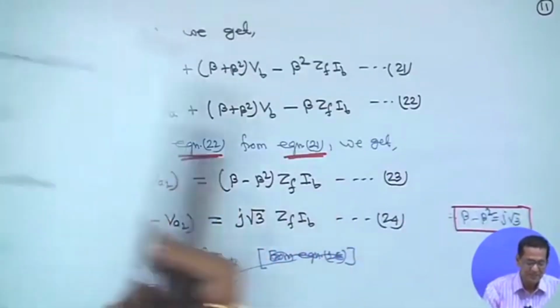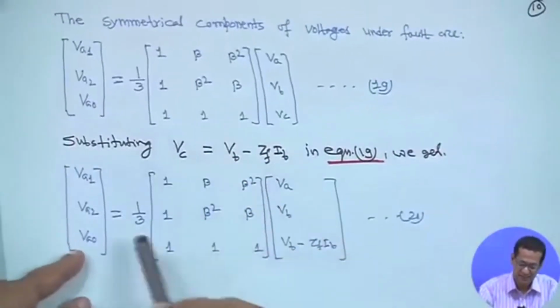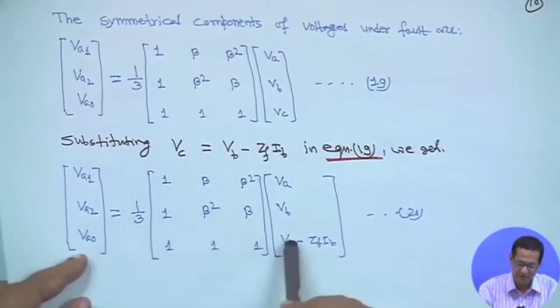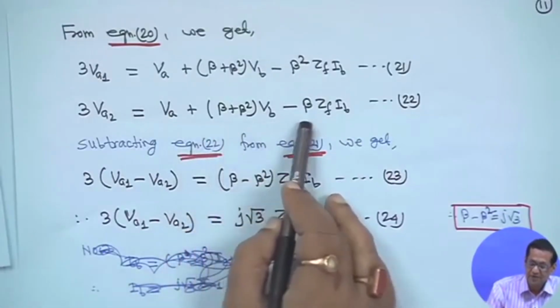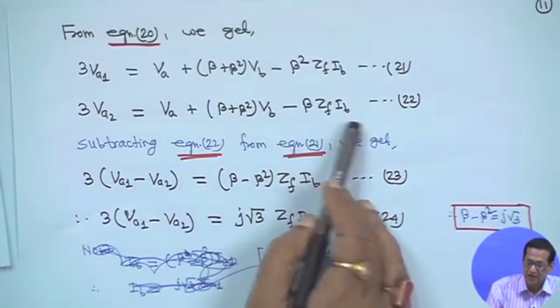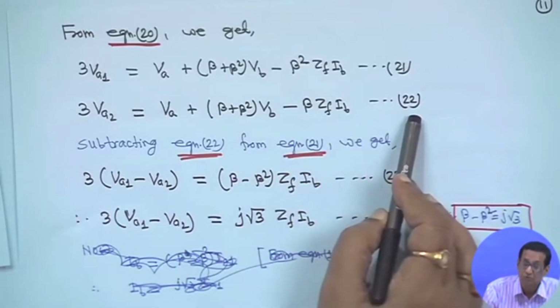Similarly, 3 VA2, similarly we are making it that this VA2 is equal to 1/3 of this. So, 3 VA2 from this equation will become VA plus beta square VB minus beta into ZF IB. This is equation 22.